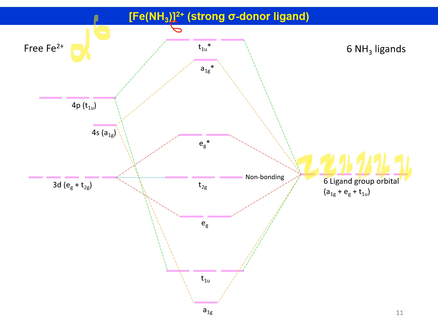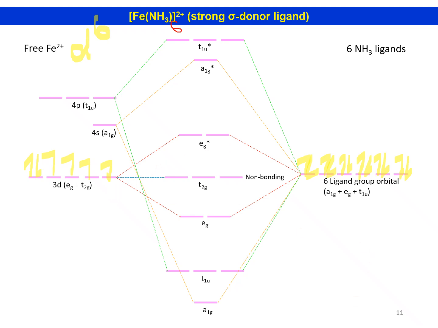While the free iron 2 plus has 6 electrons in its d orbital. Now, how do we fill in the molecular orbital diagram? The ligand electron will fill in the bonding state first, and the T2G EG star will be filled in by the electrons from the 3D orbital.